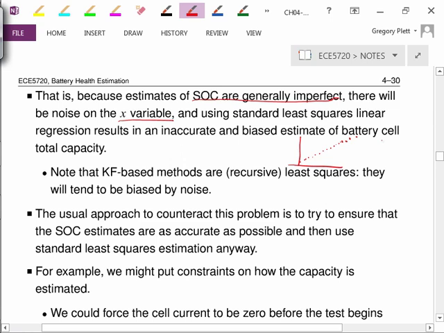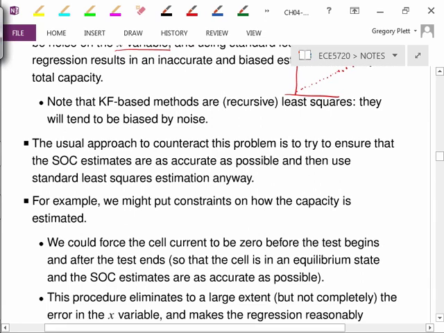It wraps that new data point into what it's already computed to compute the least squares estimate. And if the data points are independent from each other, if the noises are independent, that is, then it's exactly the same thing as standard least squares, just done in a recursive way that's computationally efficient. So Kalman filter methods are least squares methods, and so they are going to have this problem.